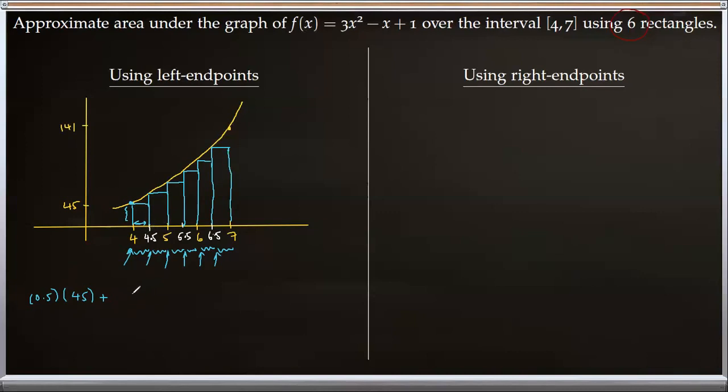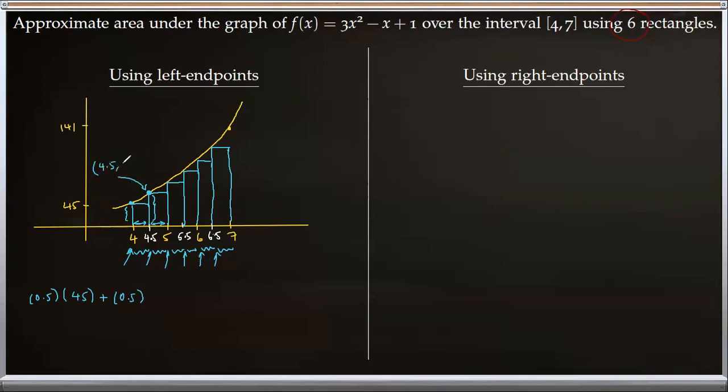now onto the second rectangle, the width is 0.5 again. They all have the same widths, all these rectangles. And to get the height, we need the y value at 4.5. So we need this length, which is f of 4.5.